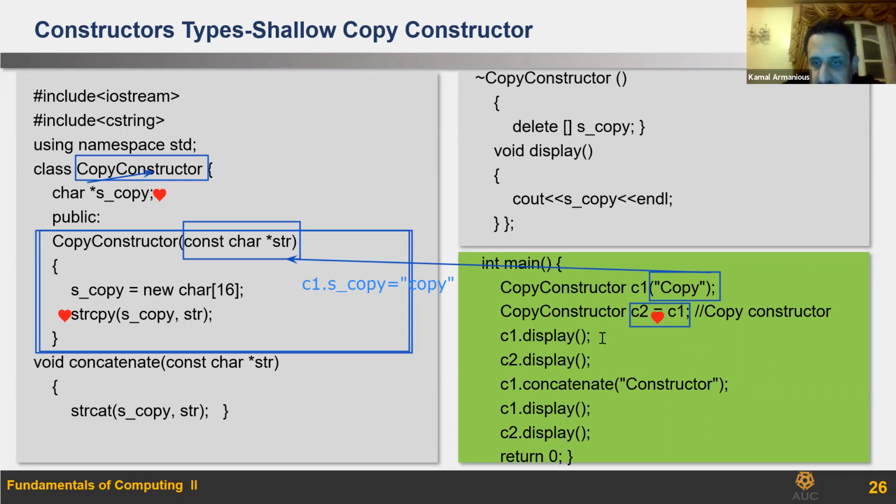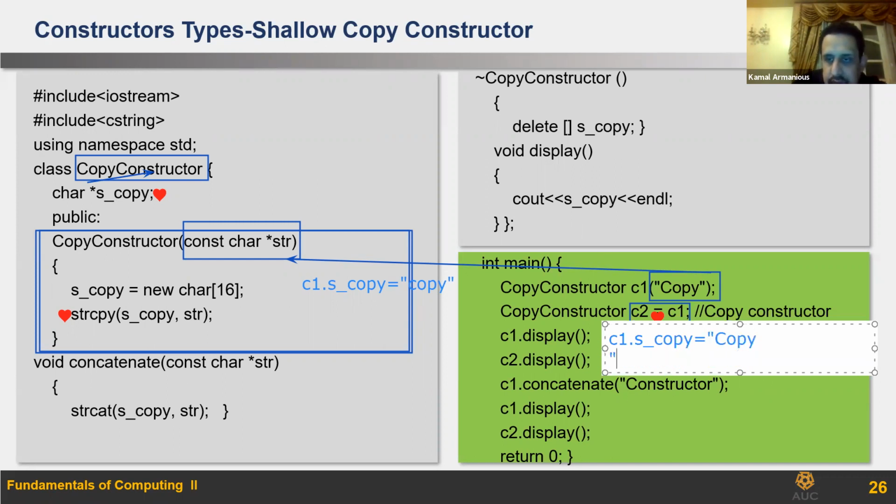This means that I will just see the value of s_copy. يعني C1.s_copy is equal to copy, and C2.s_copy will be equal to copy.